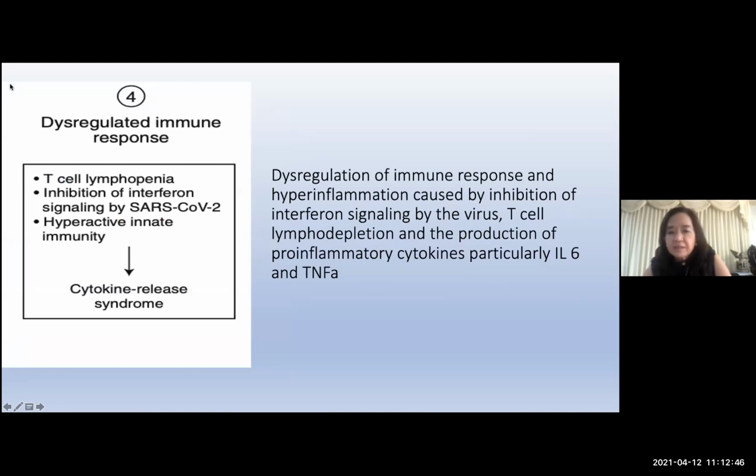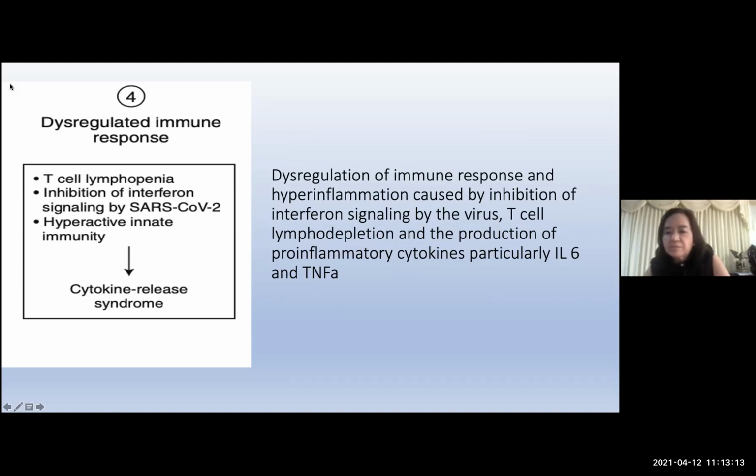What happens here is the dysregulation of the immune response and hyperinflammation caused by inhibition of the interferon signaling by the SARS-CoV virus, which results in hyperactive innate immunity, which results in cytokine release syndrome.